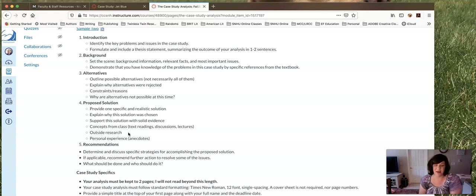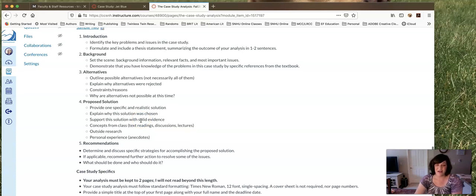So you do have to go to the library and look for something that is related to the scenario you have chosen. Okay, and if need be, you could also provide a personal anecdote to support why this solution is the best.